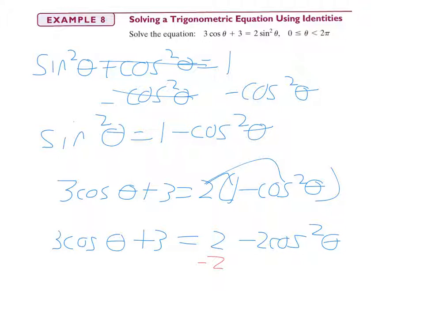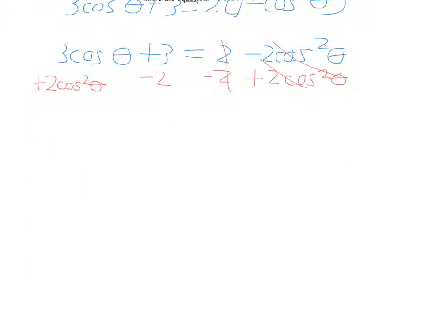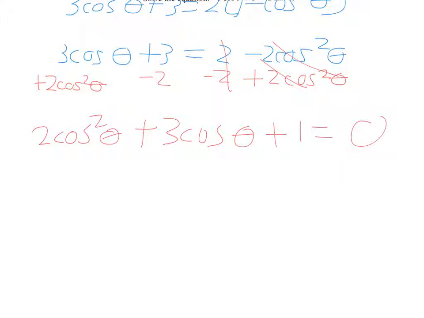So now if you subtract 2 from both sides and add 2 cosine squared, getting everything on the same side, you have on the left-hand side 2 cosine squared of theta plus 3 cosine of theta, then 3 minus 2 is 1, so plus 1 equals 0.